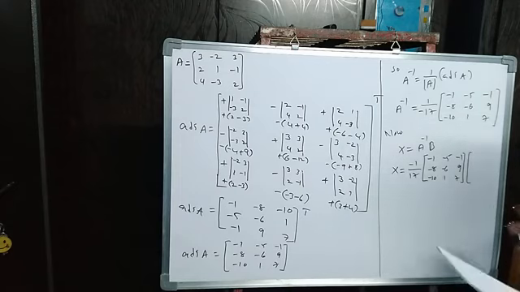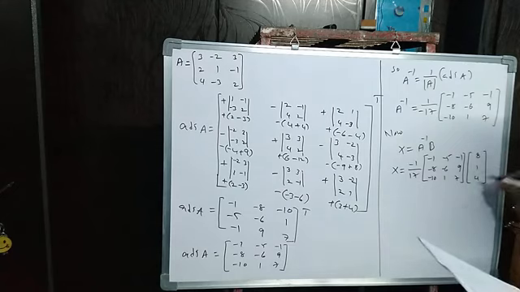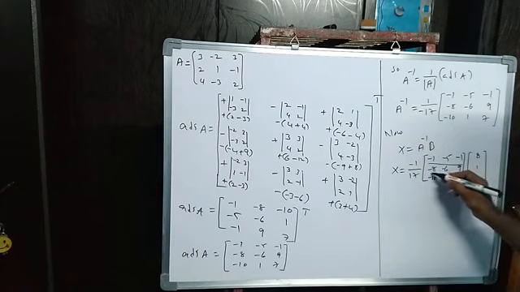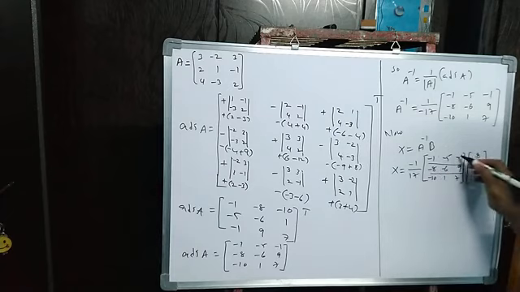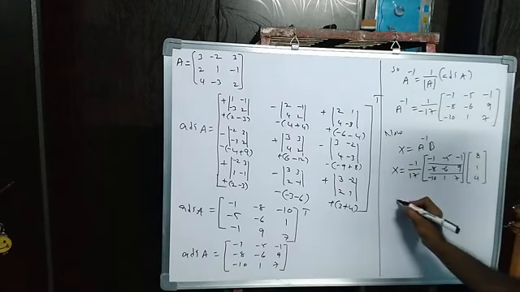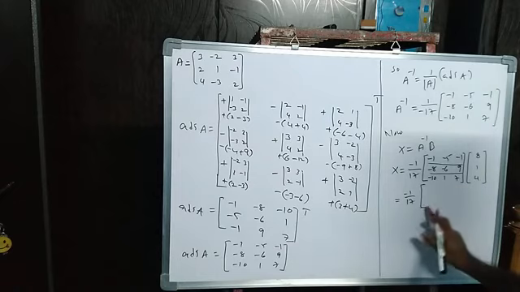B matrix is 8, 1, 4. Now multiply these two. First row first column, second row first column, third row first column. Here I am keeping minus 1 by 17 like this only. Multiply here.